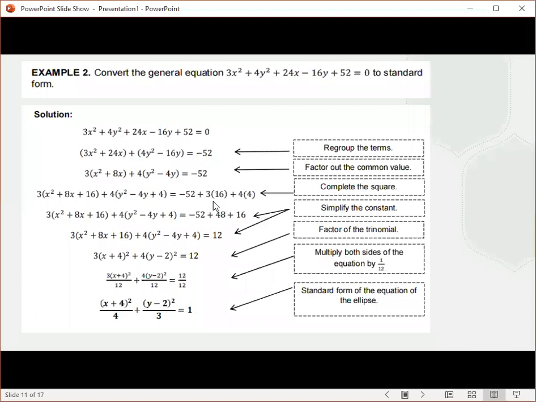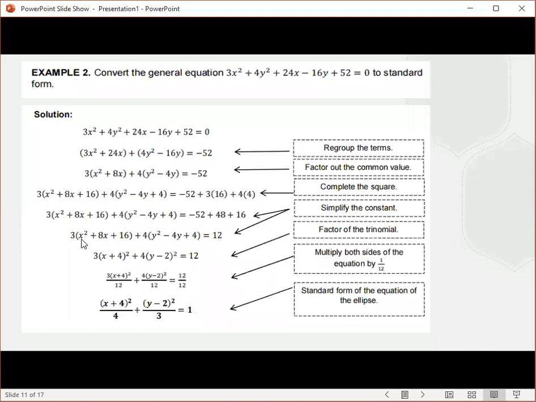That is why you have here 3 times 16. Here, you added 4 times 4, so on the right-hand side, you must also add 4 times 4. Simplifying the equation, you have negative 52 plus the product of 3 and 16, which is 48, and the product of 4 and 4, which is 16. Adding all these constants, you get 12.